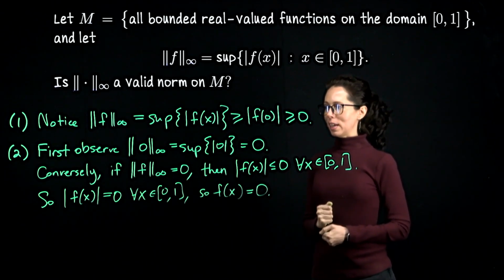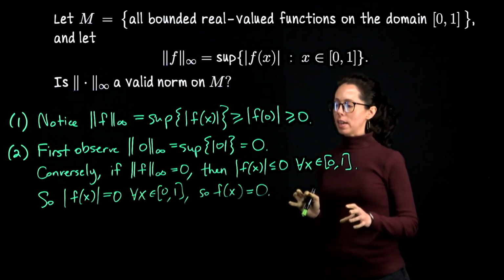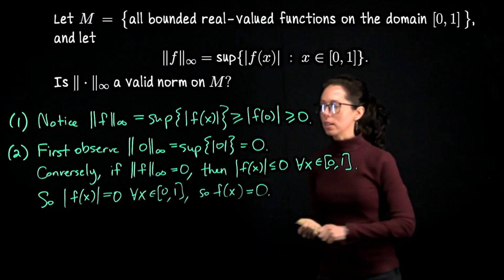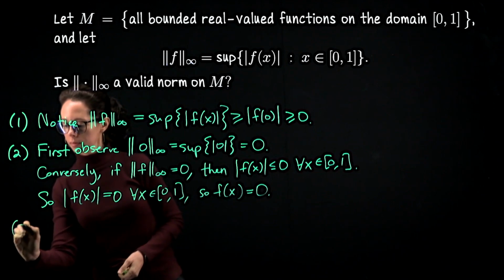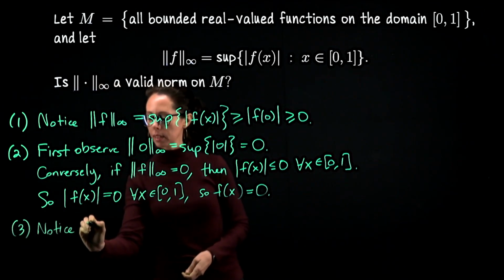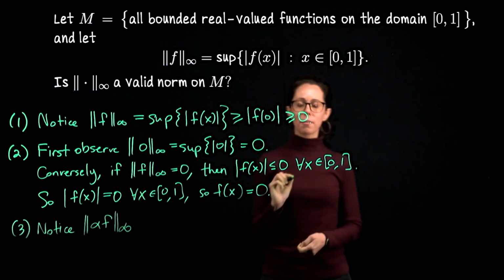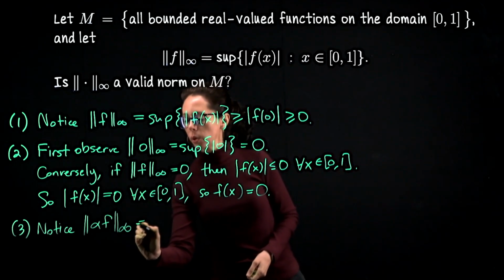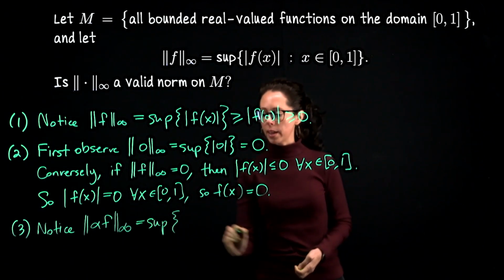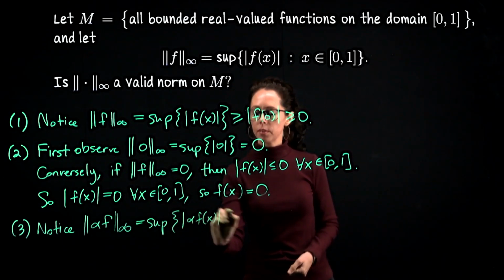Our next property is multiplicativity. With the next two exercises, what I'm going to do is work with the set supremum, assuming that we've covered that in Real Analysis 1. So notice alpha times f, the sup norm of that is going to be the supremum of the set of values that look like the absolute value of alpha times f of x for all x in the domain.